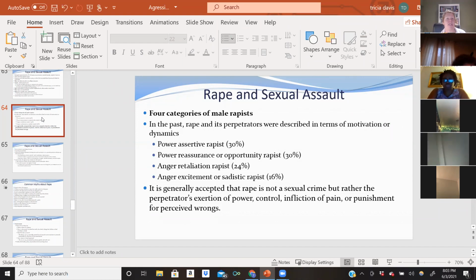Maybe they were involved in a relationship with someone and that person broke up with them, or it was their wife and now they're divorced, and they're retaliating against that person by raping another person that looks similar to them. And then we have anger, excitement, or a sadistic rapist. So this is just the person who enjoys hurting other people and they find it exciting.